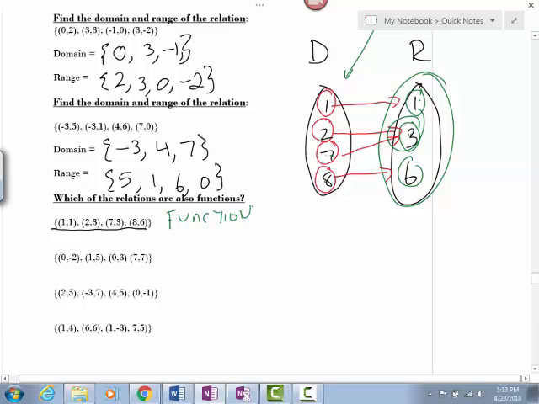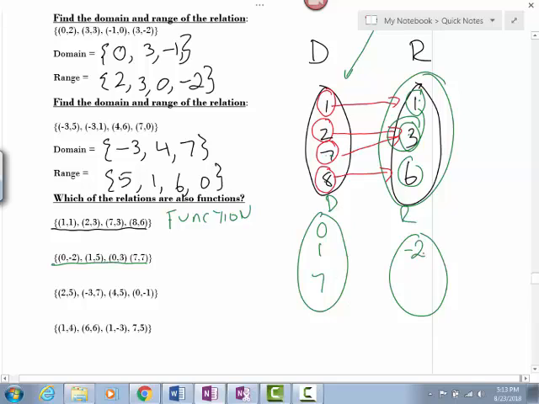Okay. I'm going to do the same thing for this problem over here, okay? So I'm going to go ahead and do my domain and my range, okay? And I'm going to list my domain values, 0, 1, I already have 0, I don't need to put it again, and 7. Let's see, -2, 5, 3, and 7, okay?